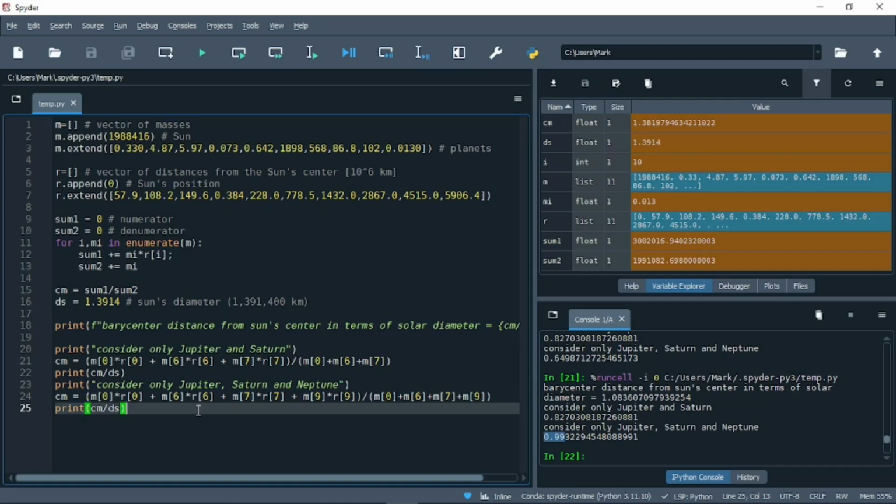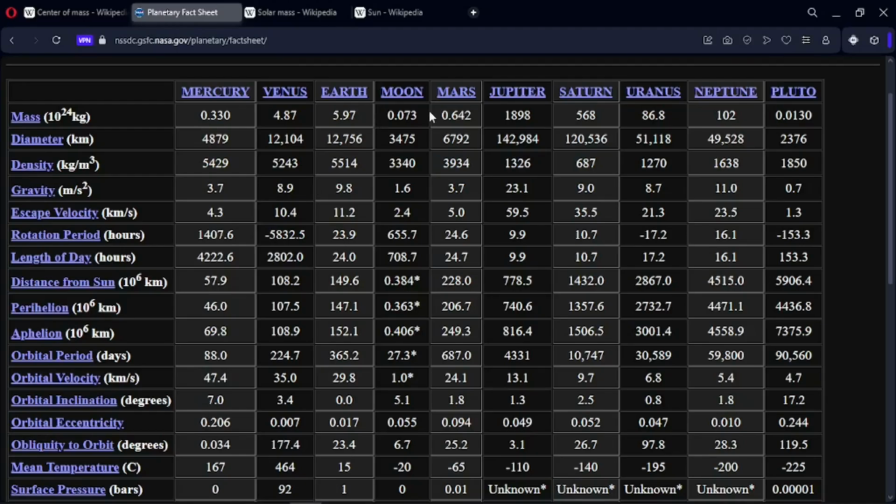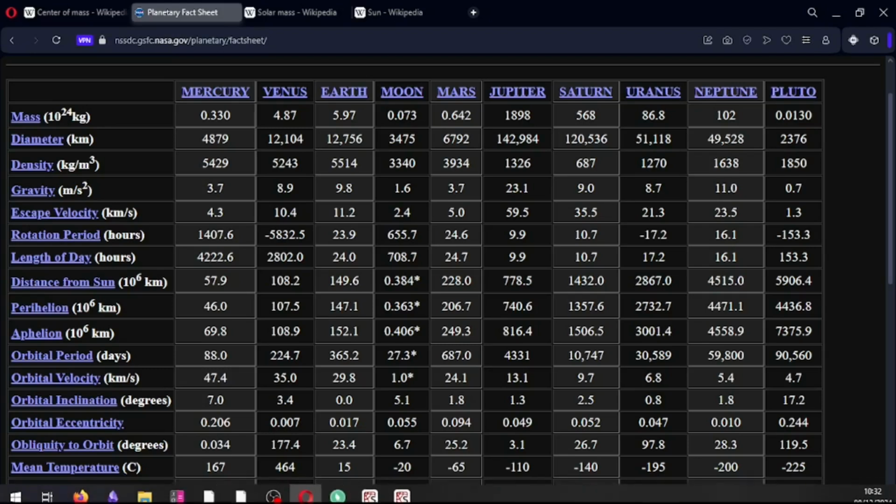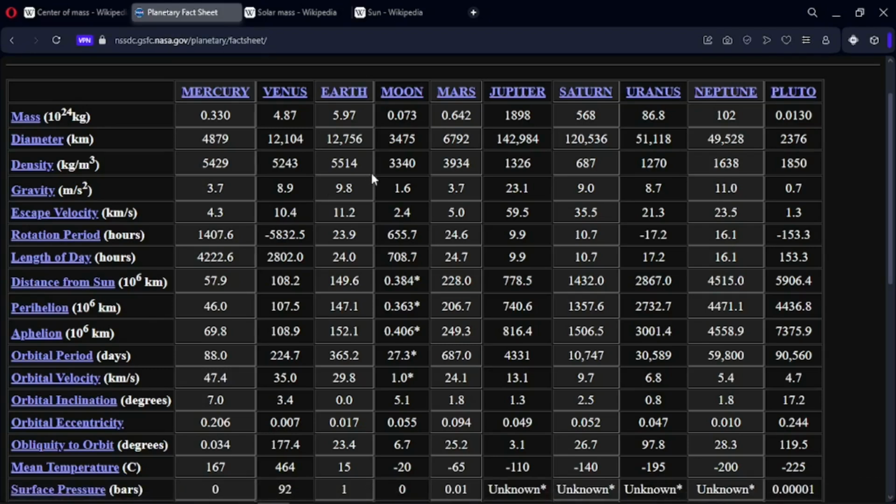So, of course, it's not Earth or Moon, as we said before, that contributes to this offset of the real center of mass compared to the center of the sun. But these big planets here contribute more.